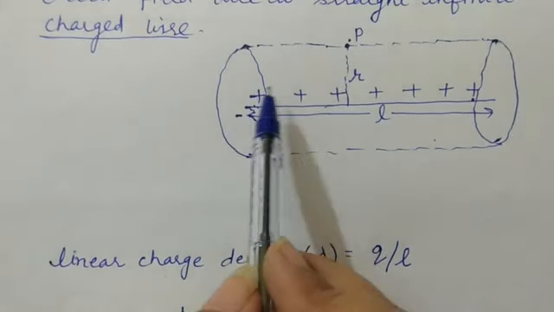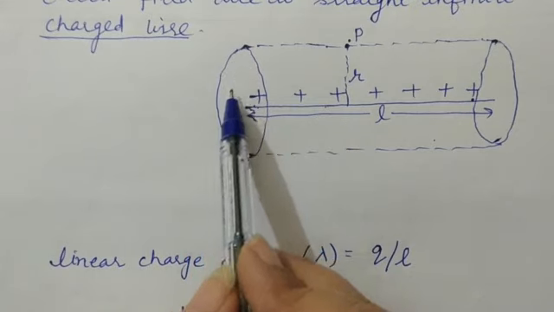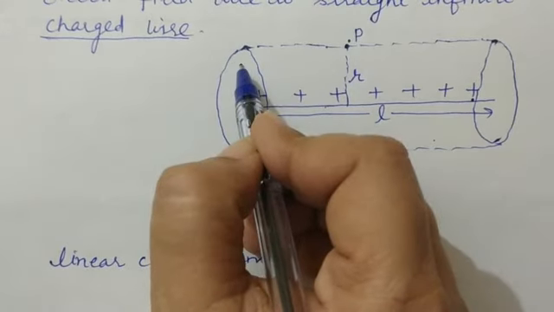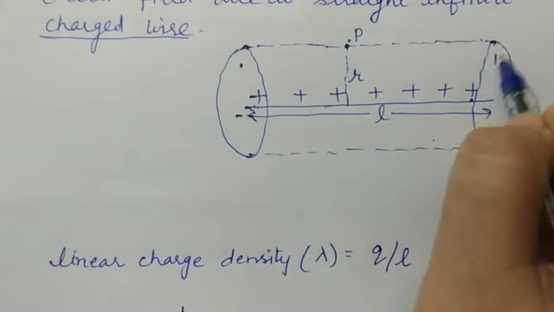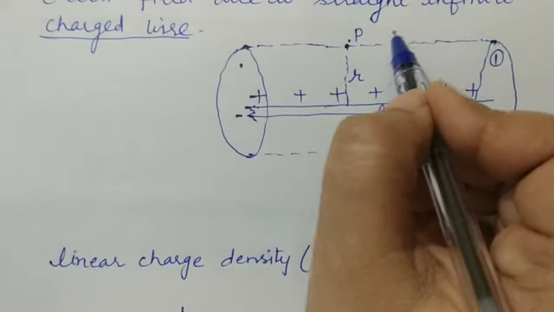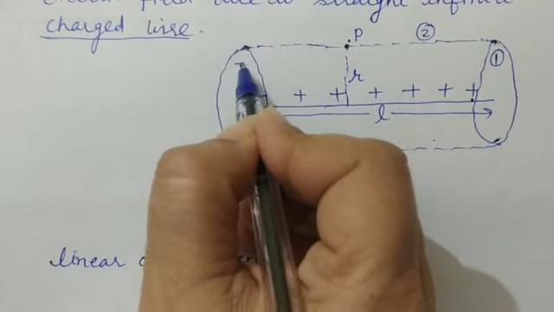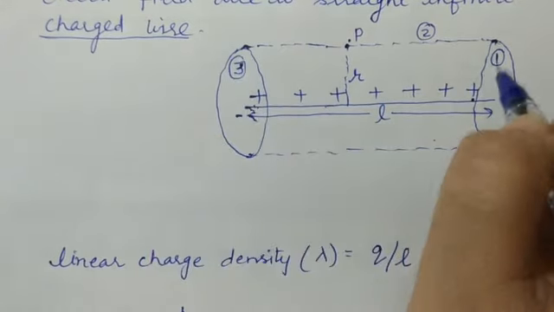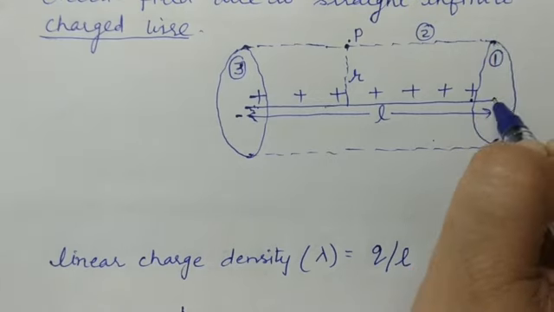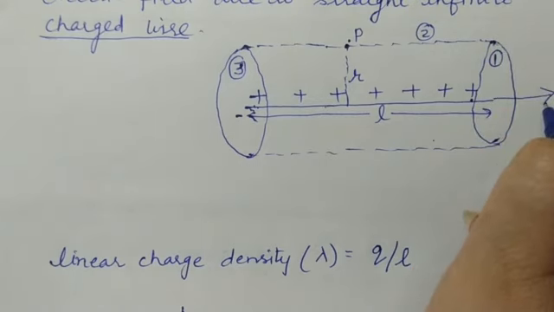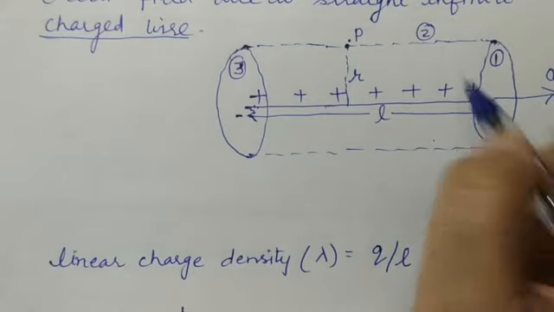Now, in this Gaussian surface, we have three parts of the surface. This is one. This curved surface is 2, and this surface is 3. So the area vector of the first surface will be directed here.